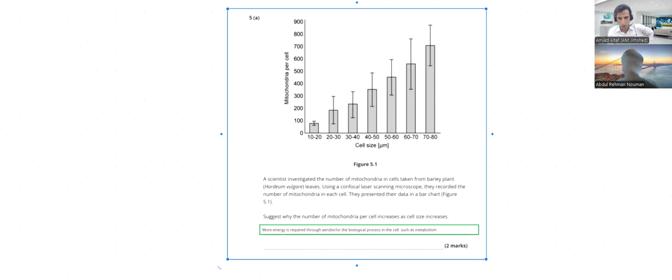More energy is required. I think you should first talk about the size, then you can go for the energy requirement during the aerobic respiration, because you have to include 2 points here. So it's better as per the mark scheme: first we should talk about the larger volume and then we can talk about the aerobic respiration, right, Abdul?